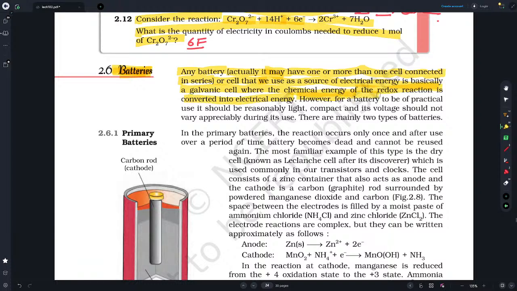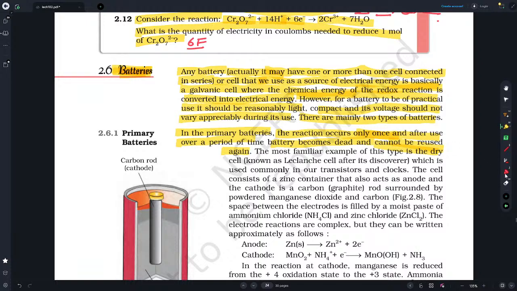However, for a battery to be of practical use, it should be reasonably light and compact, and its voltage should not vary appreciably during its usage. There are two types of batteries. The first type is the primary batteries, where the reactions occur only once, and after use over time the battery becomes dead and cannot be reused.